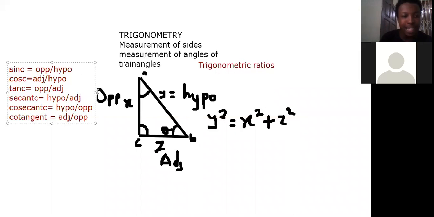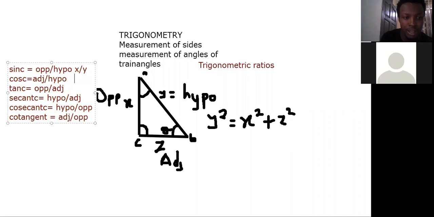From the diagram here, bear with me that sine will now become, what is our opposite? Looking at the diagram, opposite here is x, so x all over y, right? Yes, sir.